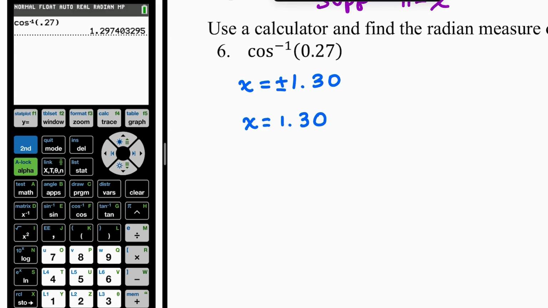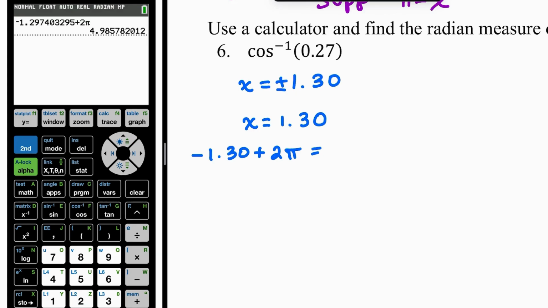But in order for us to change negative 1.30 radians into an angle that's between 0 and 2 pi, we have to take negative 1.30 and add 2 pi to it to find the coterminal angle. So I'm going to literally do plus 2 pi and get 7 point, oops, forgot to do the negative version of it. So I'm going to copy and paste that and add 2 pi to it.